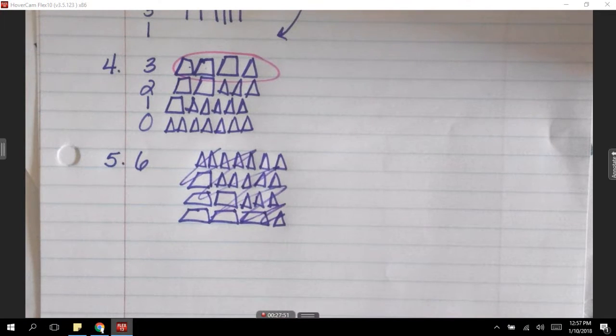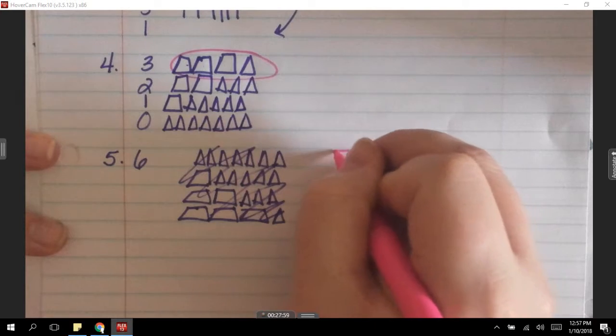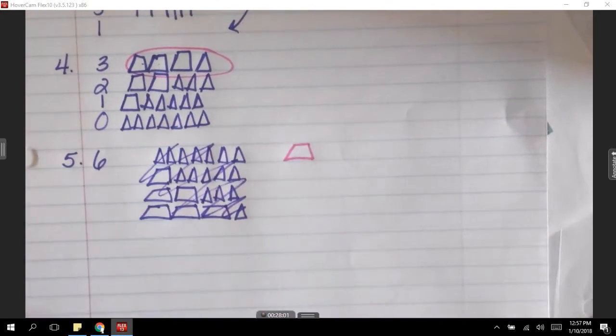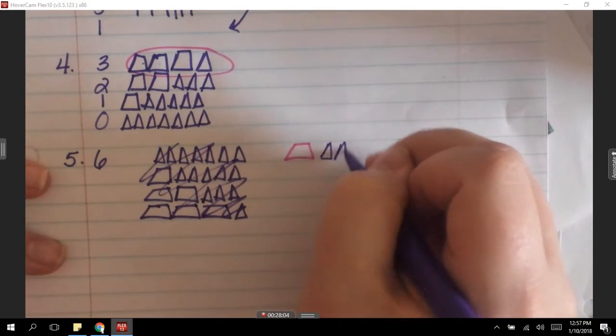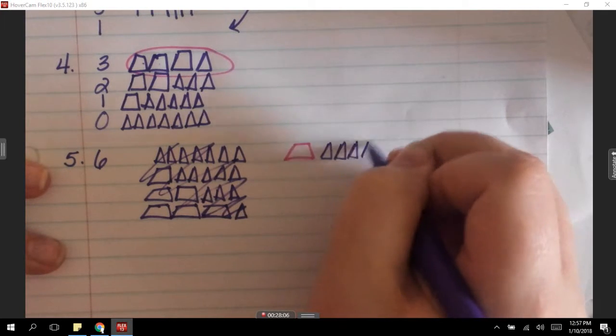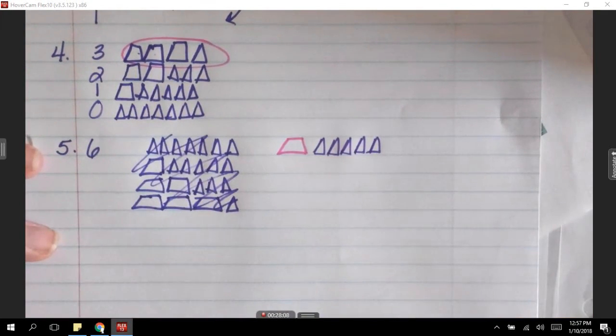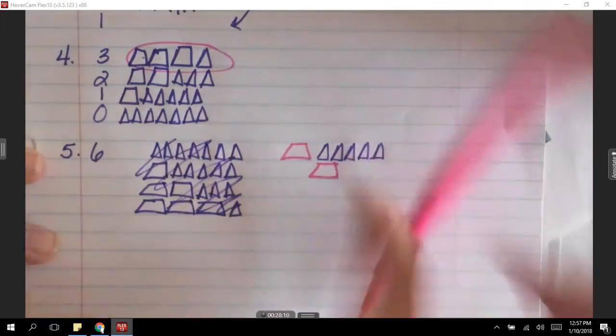The problem didn't say how many patterns do I have using all traps and all triangles. It said specifically I'm using 1 trap. So I could put that 1 trap in the front, triangle out the rest. I could put that 1 trap after a triangle.